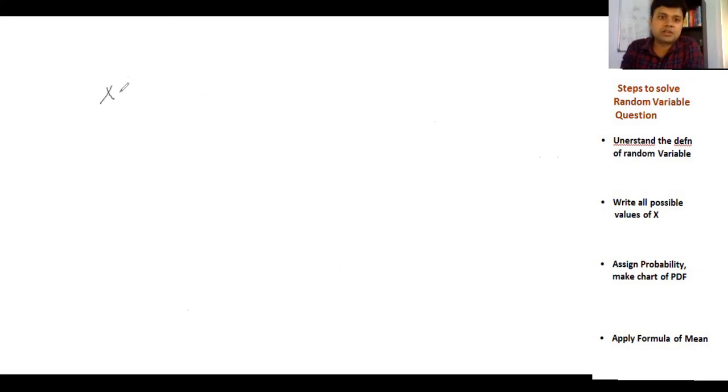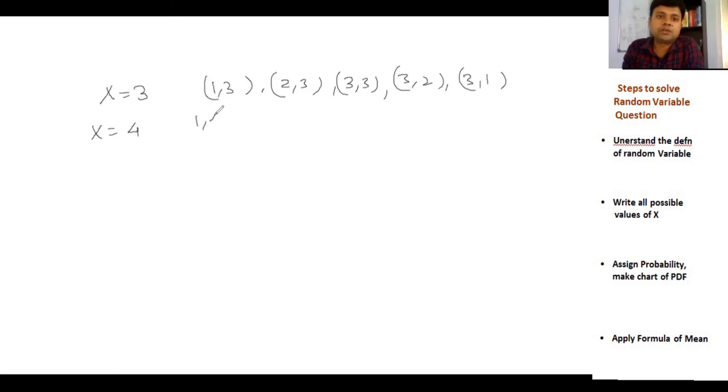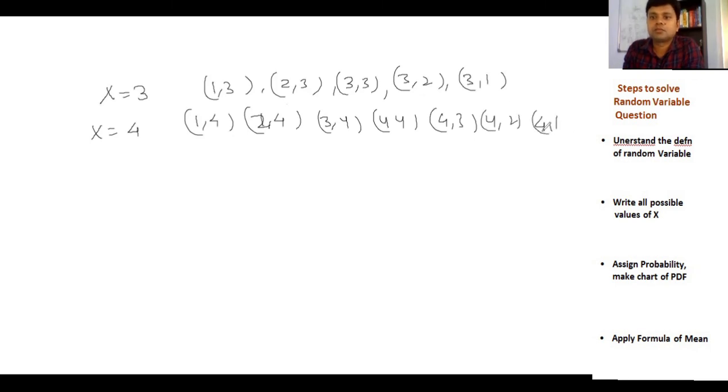Go further. Let us start with x is equal to 3. For x equal to 3, outcomes will be 1 3, 2 3, 3 3, 3 2 and 3 1. So we are focusing that the larger should be 3. Similarly, x is equal to 4: 1 4, 2 4, 3 4 and so on.